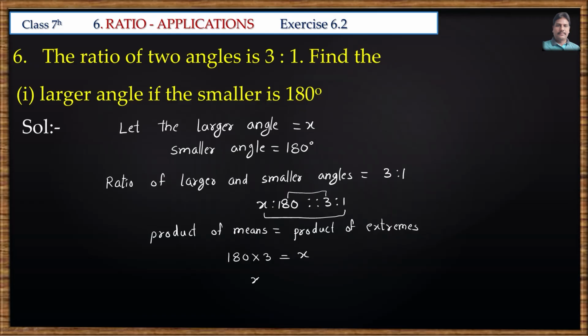So x is equal to 180 into 3: 3 zeros are 0, 3 eights are 24, 3 ones are 3, 3 plus 2 is 5. This will become 540.